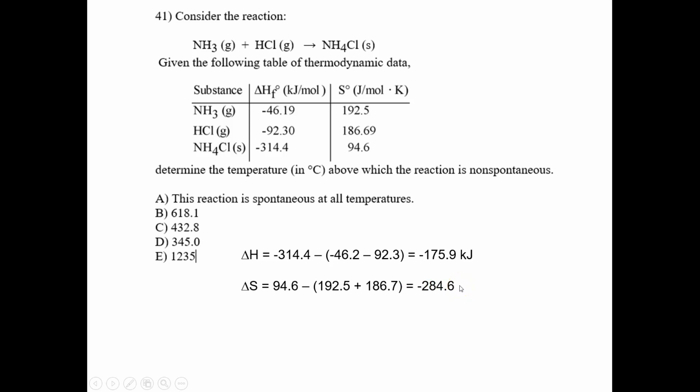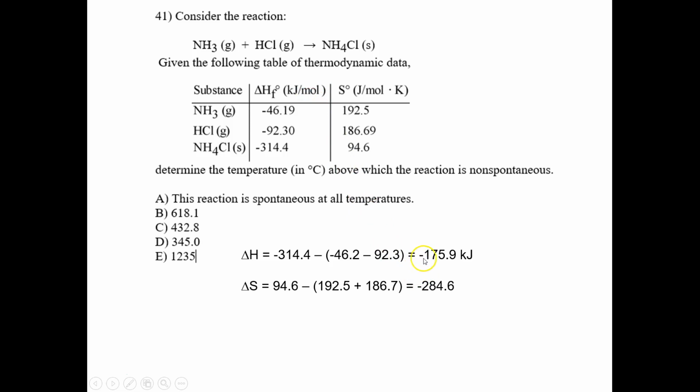Now, here's a really important thing to recall. So the temperature is going to be equal to delta H over delta S. But you'll notice, and unfortunately, I see as I'm doing this video now that I didn't put units in here, but S values are given in joules per mole Kelvin, whereas delta H values are given in kilojoules per mole.